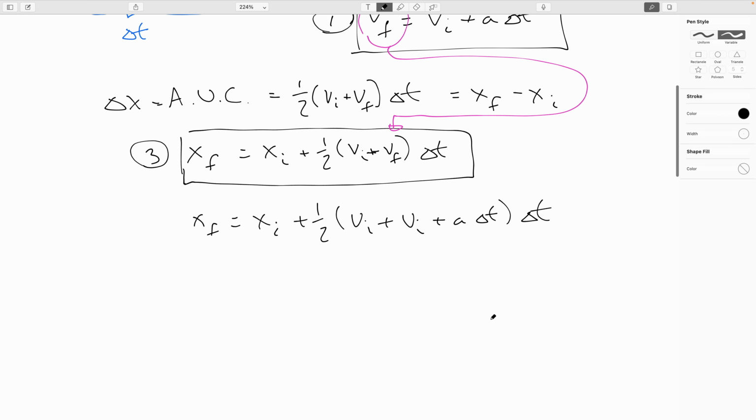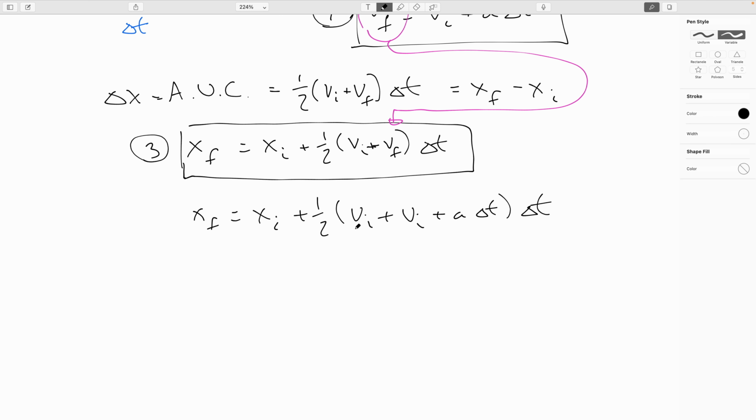Okay, so I've got two v initials here. So this is x initial plus 1/2 times 2 v initial plus a delta t. Now, if I multiply both of these terms through by delta t, this would give me a 2v delta t.